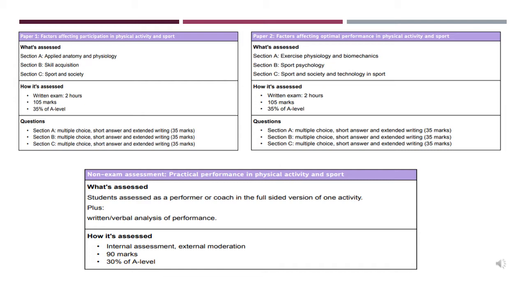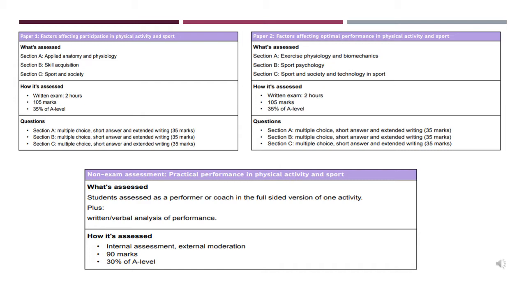You can see here on this slide how the course is assessed. In A-Level PE, you will sit 2 papers, both of which are 2 hours long and carry equal weighting. Both exam papers are 35%, totaling 70% theory for your overall PE grade.